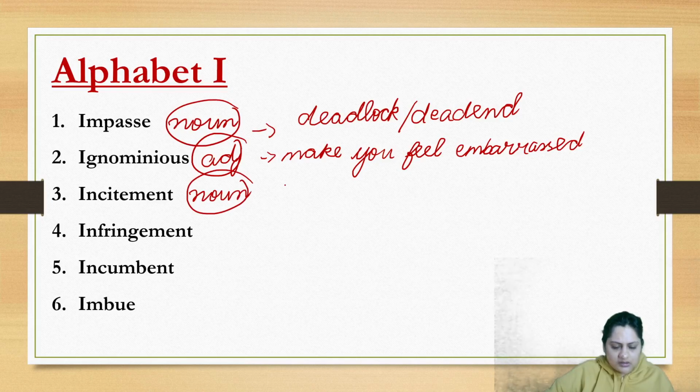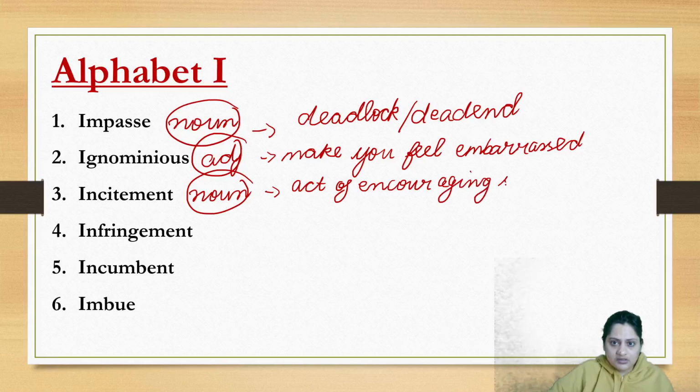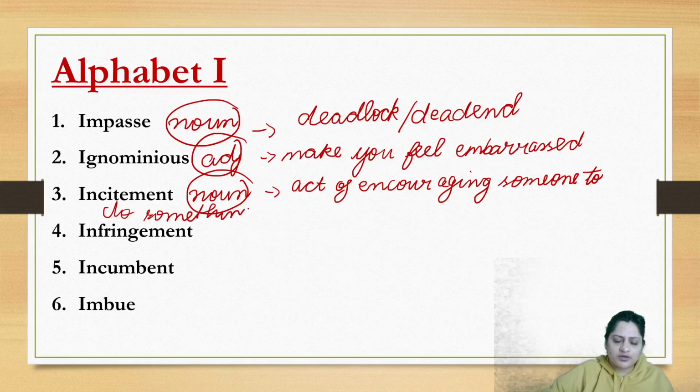The act of encouraging someone to do something unpleasant. Sometimes we say the protests that are happening are incited. People try to encourage others to indulge in violence, or to do something wrong. That is incitement.